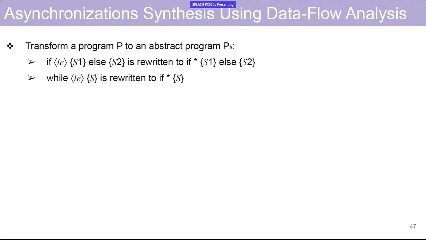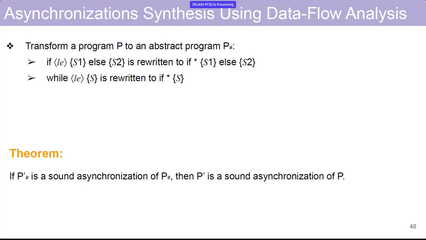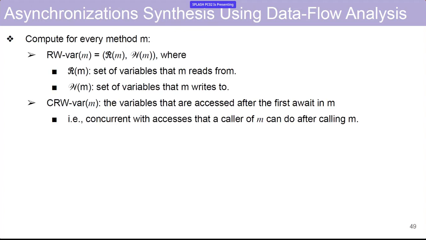Because of the problem that we are looking at. We are looking at data races, and you cannot have a data race between two unrollings of the while loop because an async has to be inside the while loop body. So using this reduction, we prove that if P bar prime is a sound asynchronization of P bar, then P prime is also a sound asynchronization of the original program. So this is a soundness result.